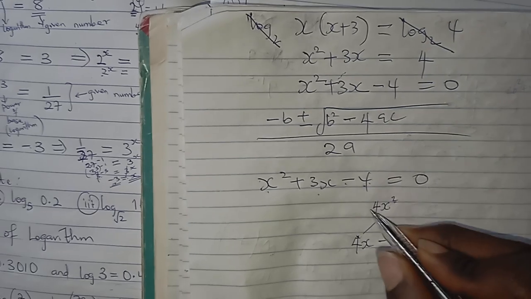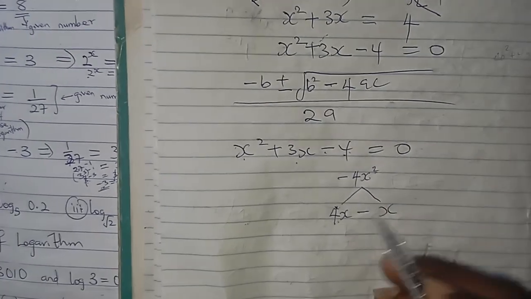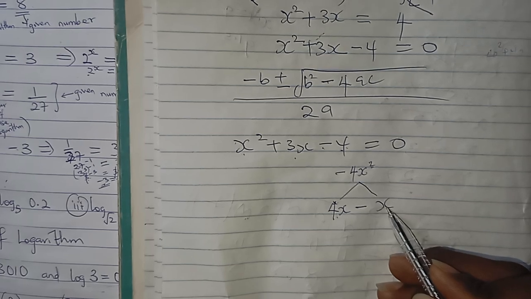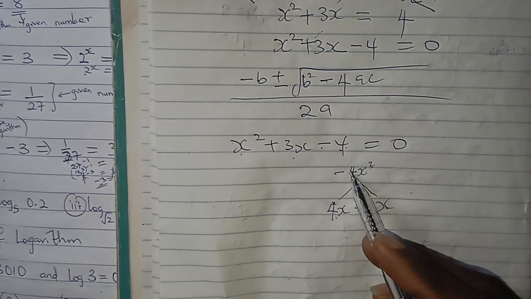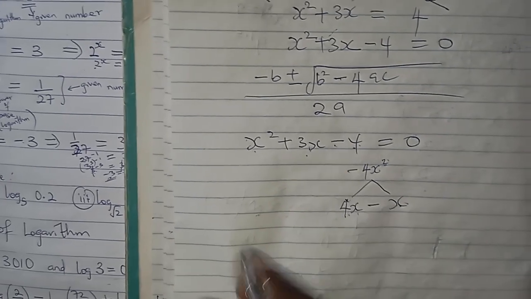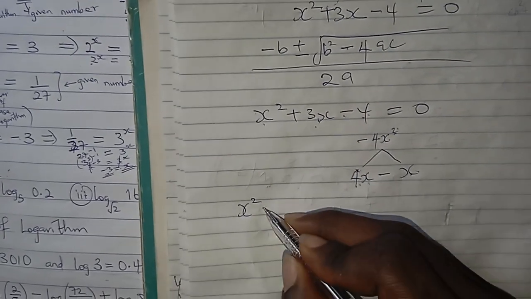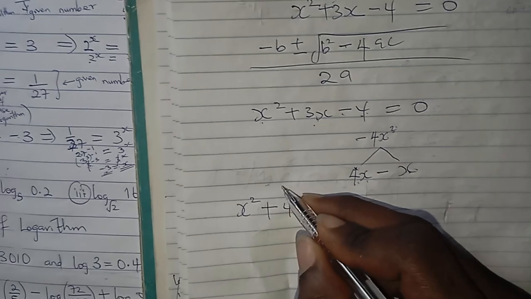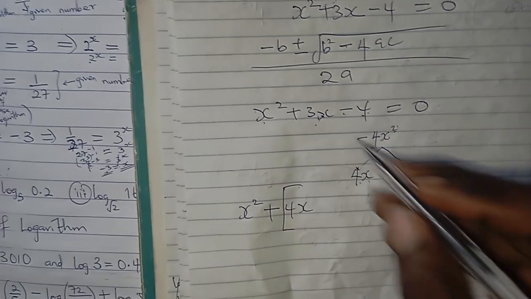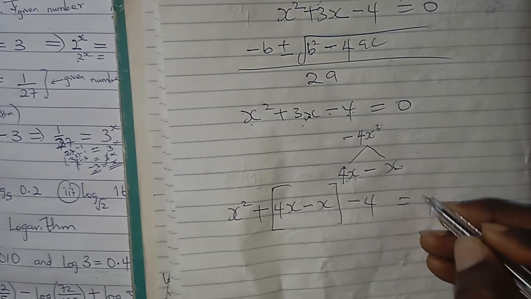Remember that this is minus 4x squared. So 4x times minus x is the same thing as saying minus 4x squared. And 4x minus x will give me 3x. So let me just come and replace it. I have x squared plus 4x, so I'm replacing the middle term, which is 3x, with this, minus x minus 4 equals 0.